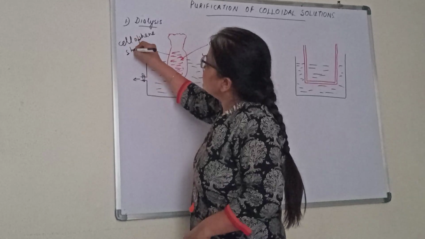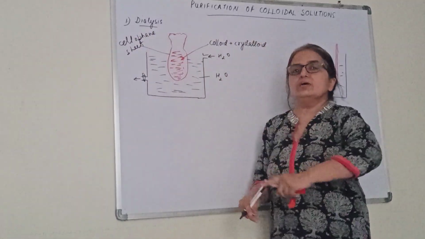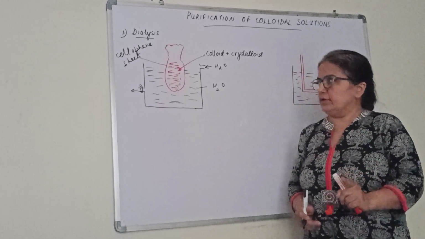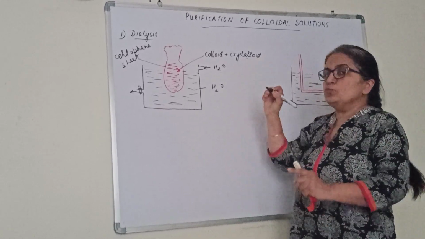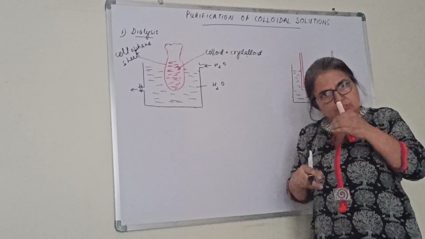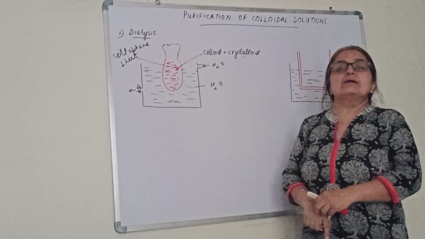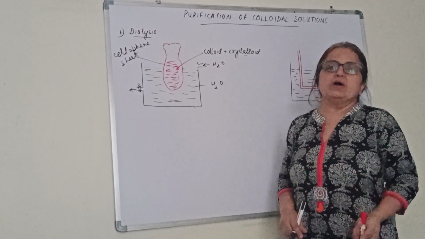That cellophane sheet does not allow colloid to pass through it. It only allows crystalloid, which is smaller in size and can pass through the pores of this cellophane sheet or parchment paper. Colloid is comparatively bigger in size and cannot pass through it.